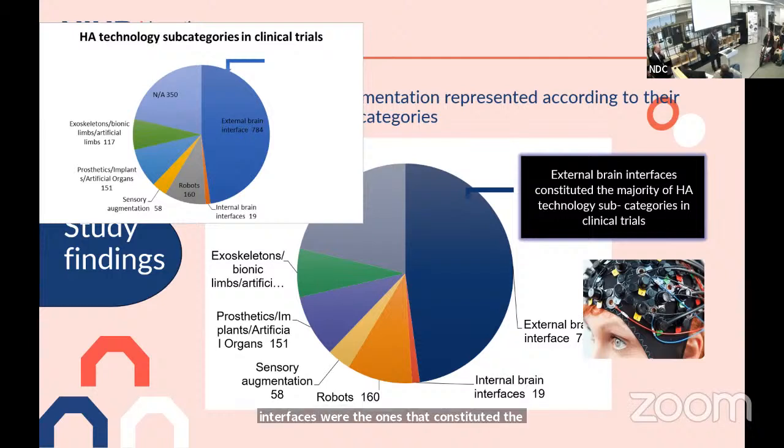This is likely because external interfaces are a more accessible way to experiment with brain augmentation. And not only that, but the external interfaces are also easier to test and are the least invasive way to conduct clinical trials.